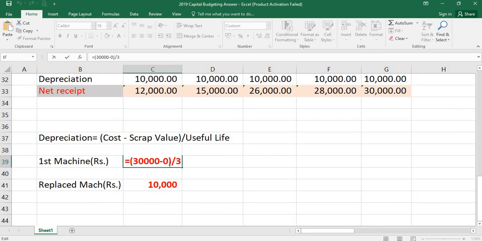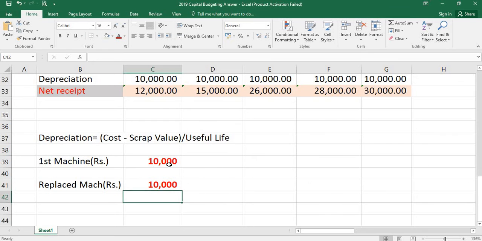There won't be any value, and at the end of the third year when it is replaced, there is no salvage value. So it's 0 upon 3, and per year you get 10,000. For the replaced machinery, they are investing 20 million, so the cost is 20 million minus no scrap value, upon 2 because it is used for only 2 years.